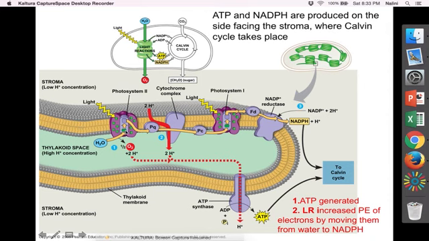The reaction center has a special pair of chlorophylls and a primary electron acceptor and other proteins. Whereas the light harvesting complexes, which surround the reaction center in each photosystem, are made of proteins. The purple part is proteins, which are trapping the single chlorophyll molecules. So this is inside the chloroplast.